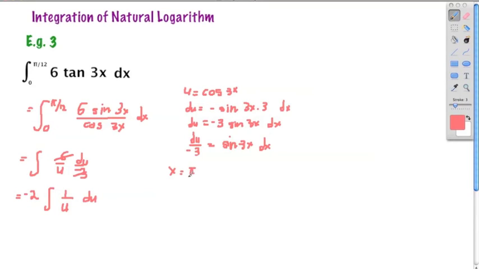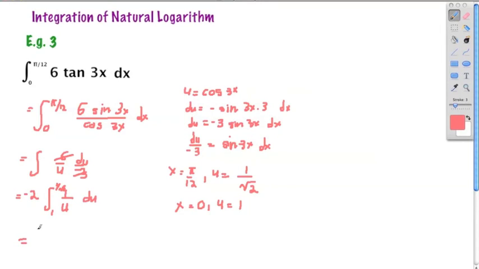So initially, when x is equal to pi over 12, I have to substitute this x value into u up here. So my u value will be 1 over square root 2. When x equals 0, my u value will be 1. So I can change the new limit into 1 over square root 2 here, and 1.